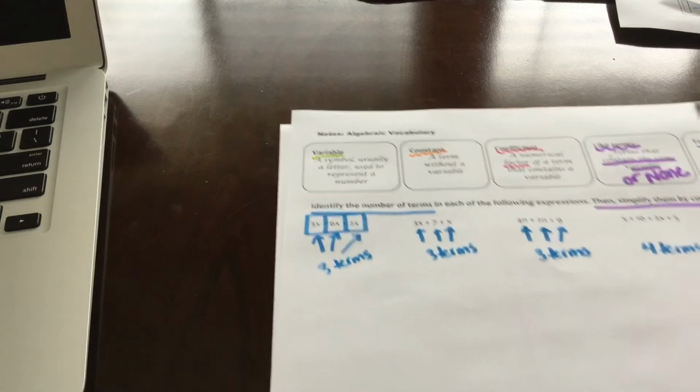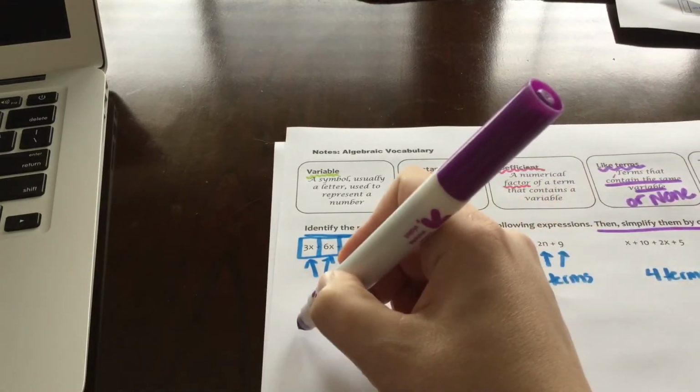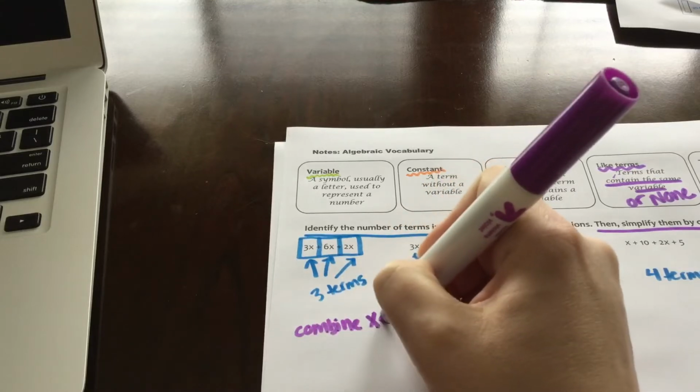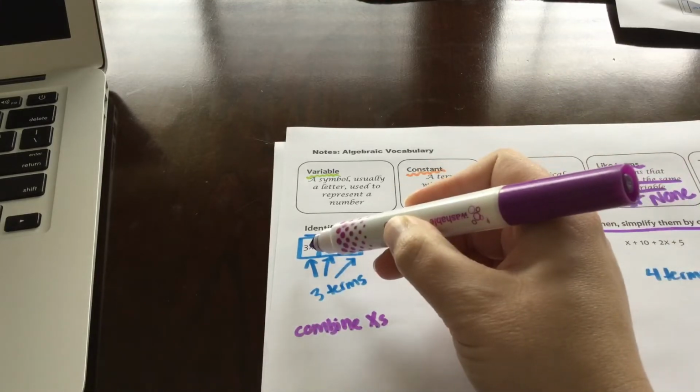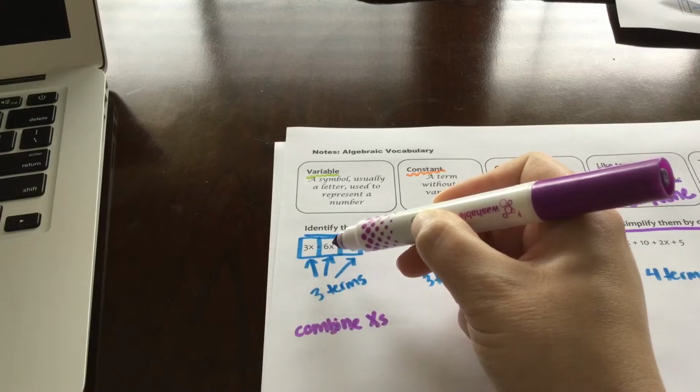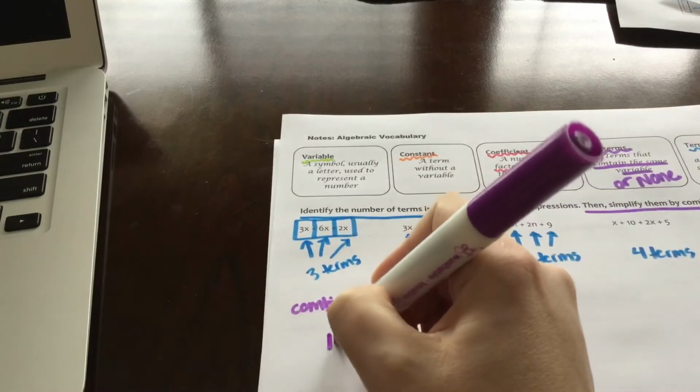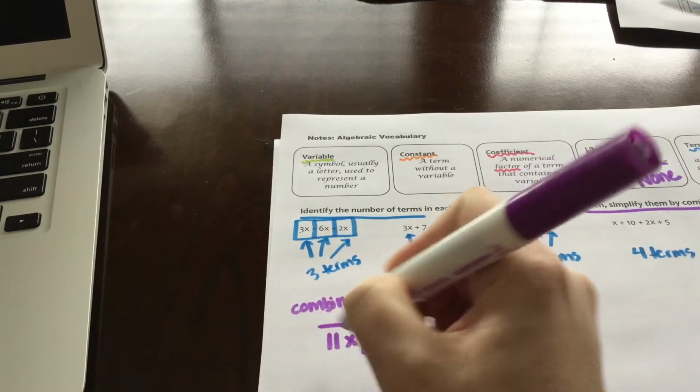For instance, in the first example, I can combine the x's with one another. 3x's plus 6x's would make 9x's, plus 2 more. This can be simplified to 11x.